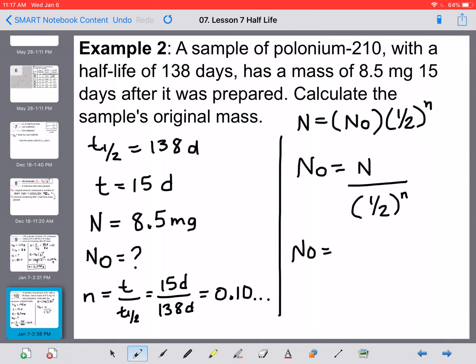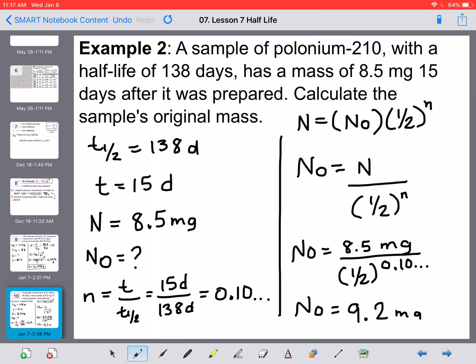So this is just going to be 8.5 milligrams over 1/2 to the power of 0.10... Make sure that you don't round yet. And that gives me 9.165, but to two significant digits, this is going to be 9.2 milligrams.